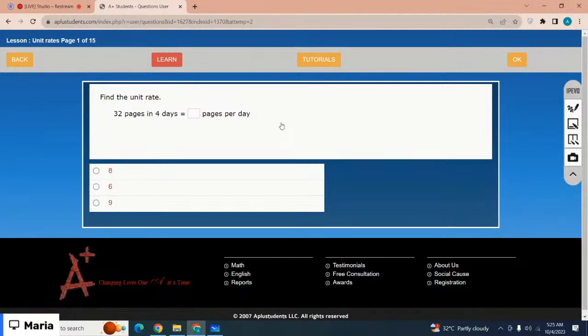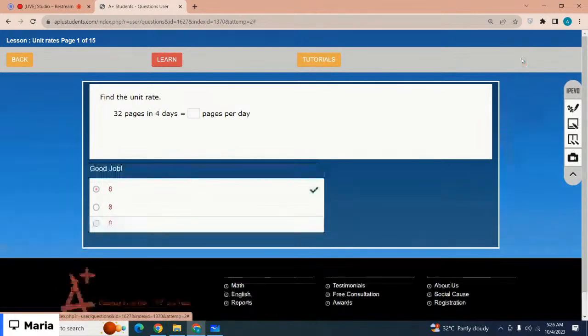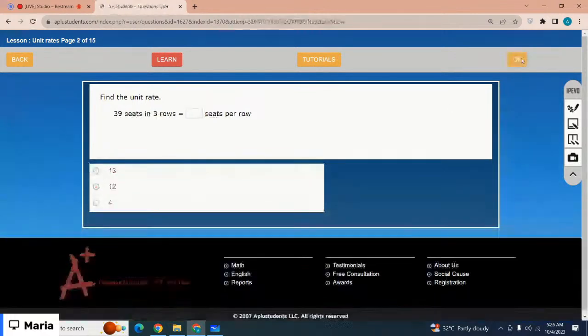Very good. That would be 8 pages per day. You have to divide 32 by 4 to calculate the unit price. So that is 8.